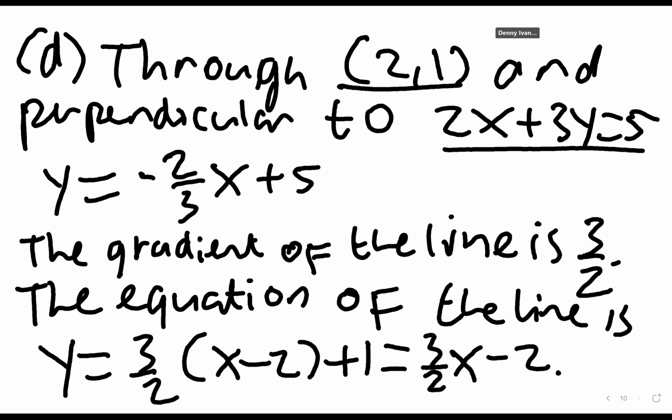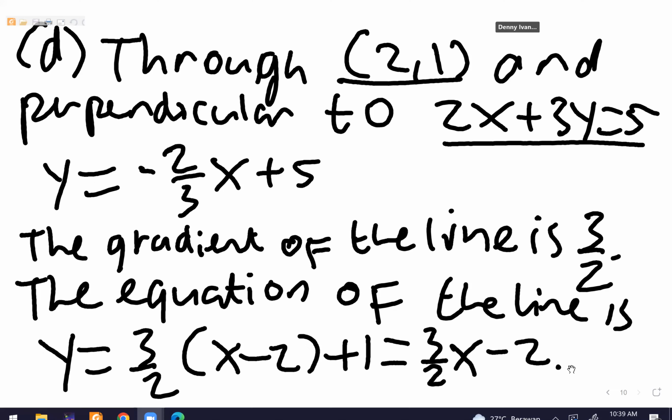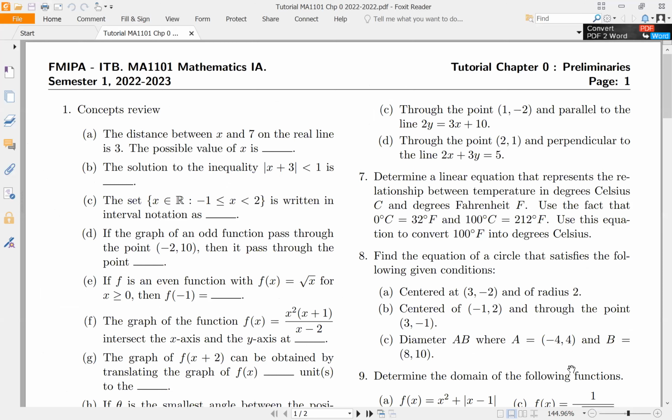And let us continue to number 7, perhaps. The idea here is that we want to know the relation between degrees Celsius and degrees Fahrenheit.